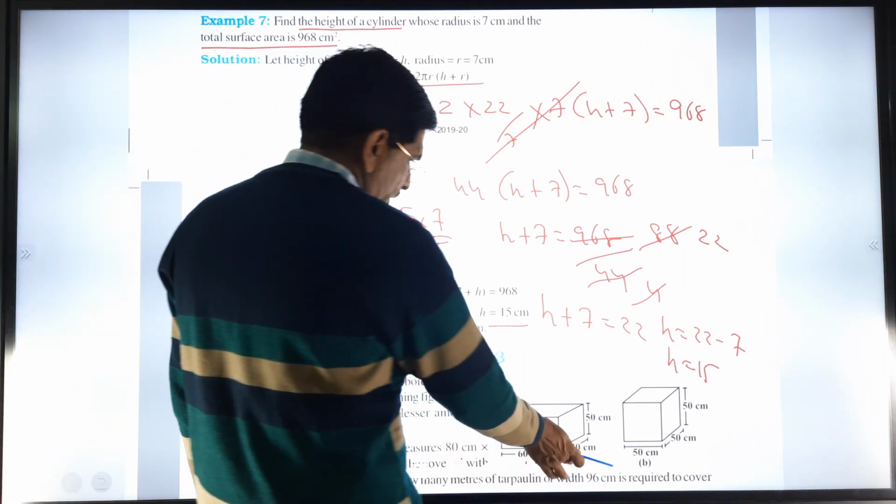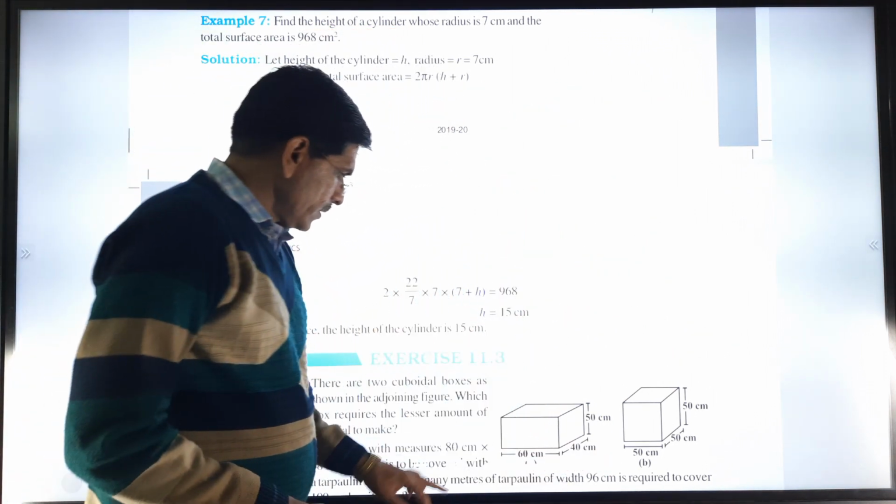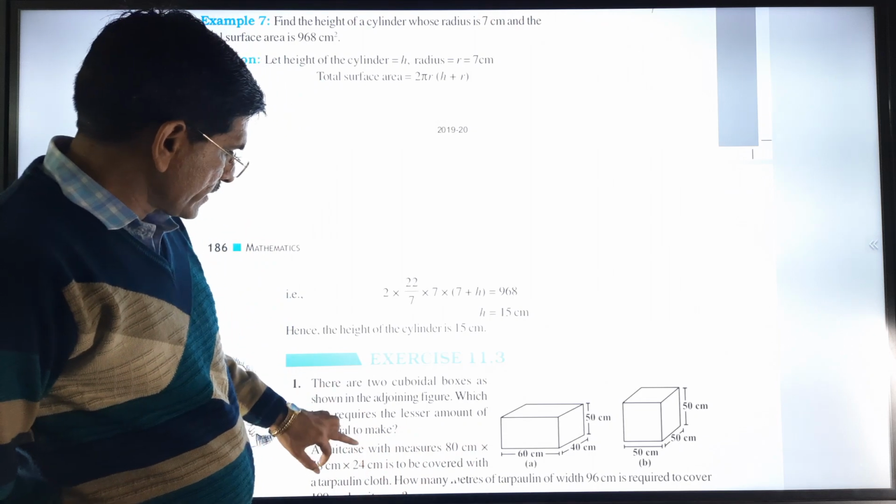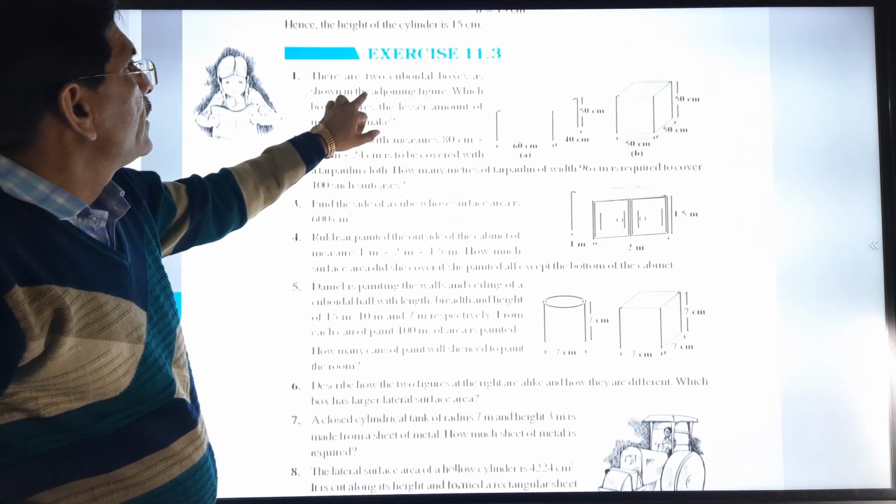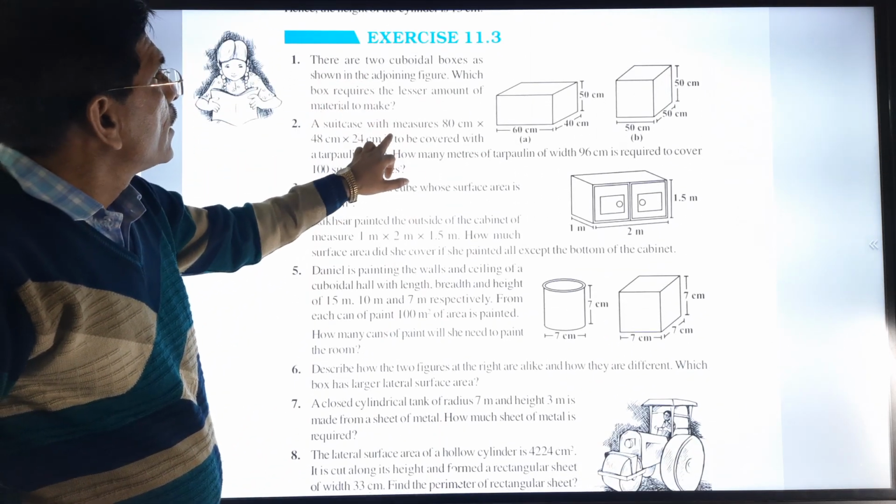So last we can say that before in the next lecture we start exercise 11.1.